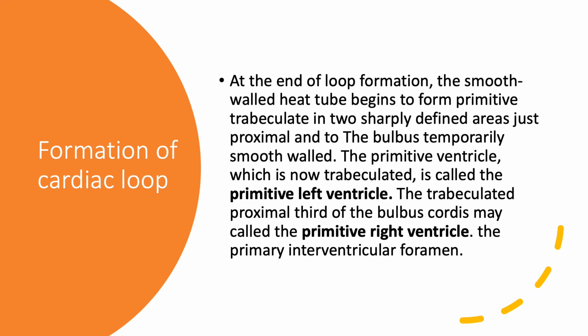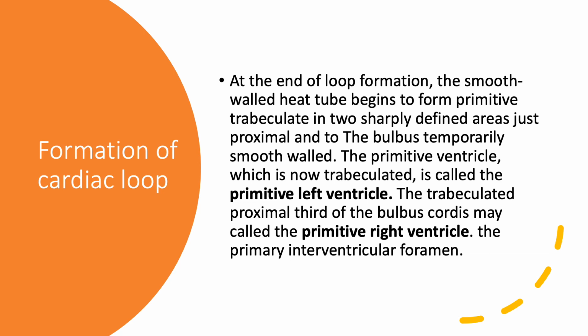The primitive trabeculated areas are sharply defined, just proximal to the bulbus, which has a temporary smooth wall. What is this area? The primitive ventricle, which is now trabeculated, and it is now called the primitive left ventricle.